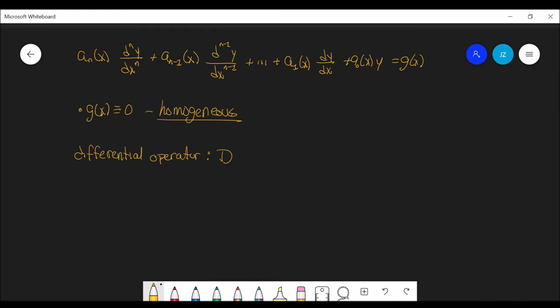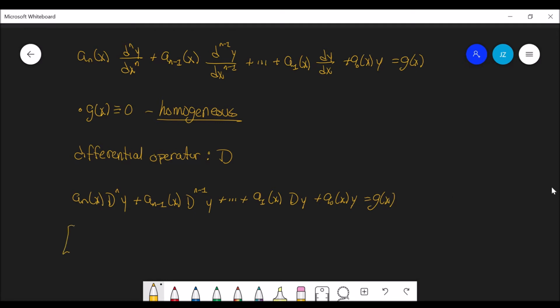Using this, the above equation can be written as a sub n of x d to the n y plus a sub n minus 1 of x d to the n minus 1 y plus so on and so forth, plus a1 of x times dy plus a naught of x times y is equal to g of x. Or we could factor out the y, and I use the word factor lightly.